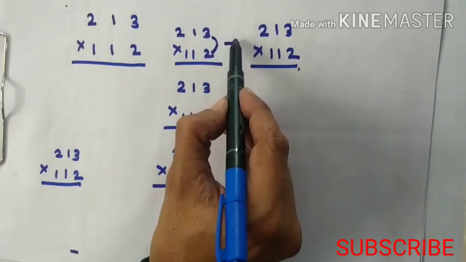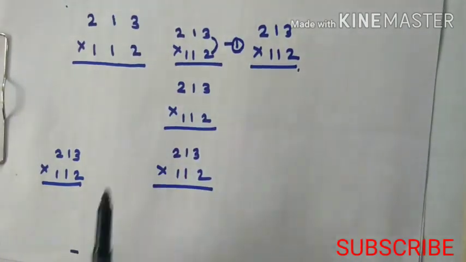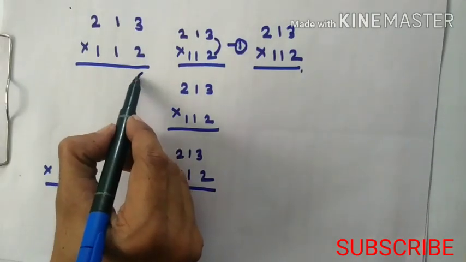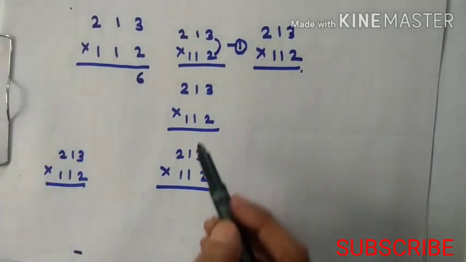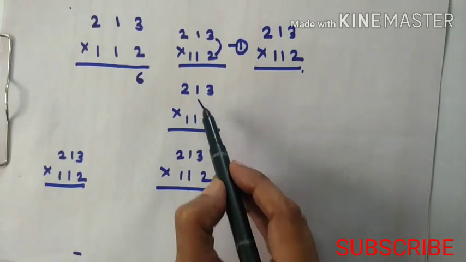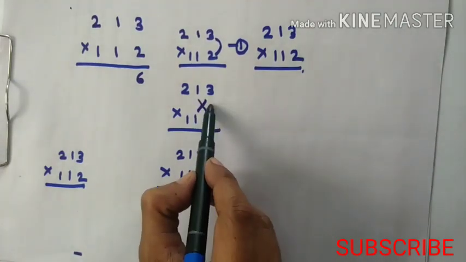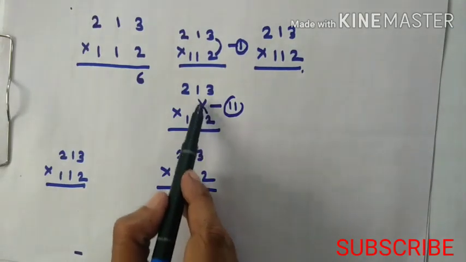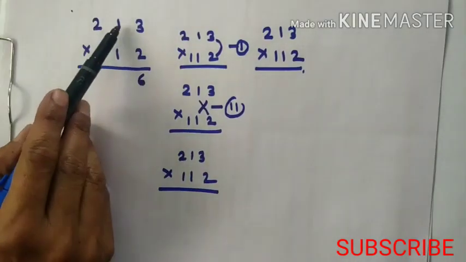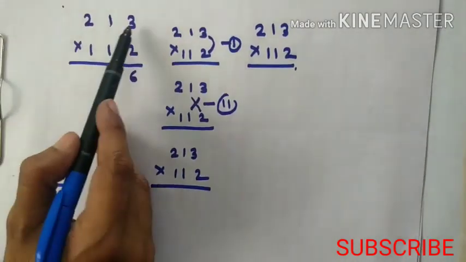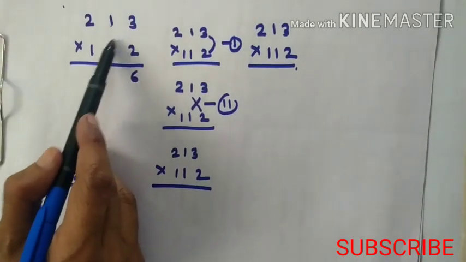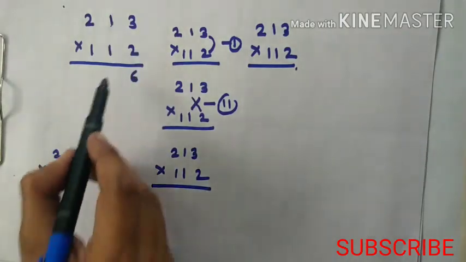Multiplication of these two. This is the first step. 2 3s are 6. First step we have completed. You know that second step is the product of these two and their addition. Now 2 1s are 2 plus 3 1s are 3. 3 plus 2, 5.